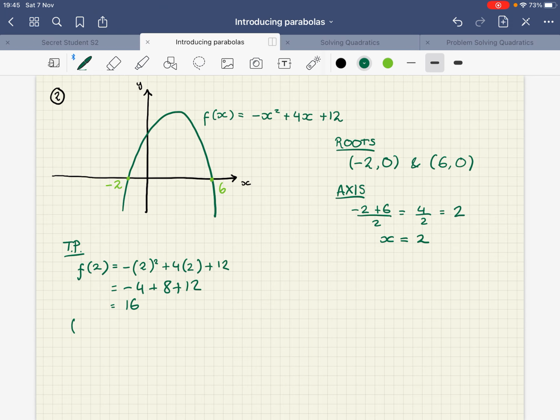So my turning point is going to be 2, 16. And then the last detail, the y-intercept. So x is going to equal 0.